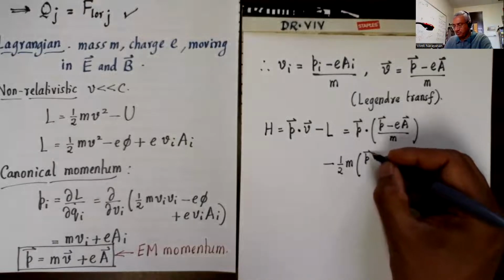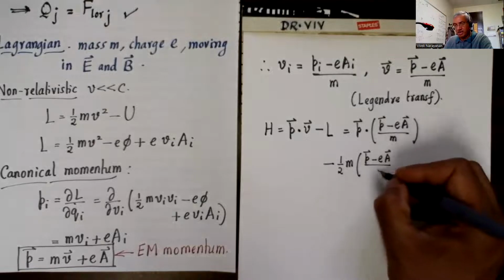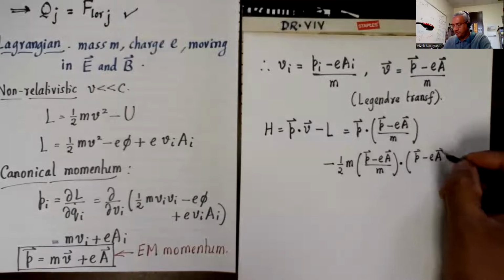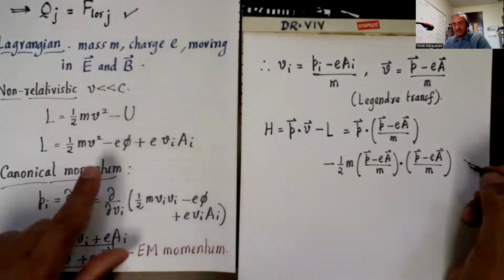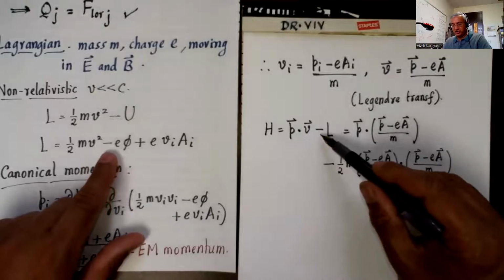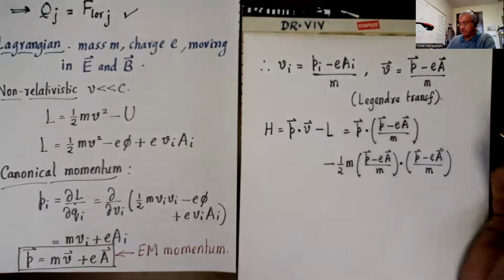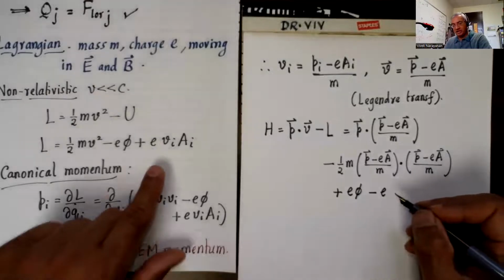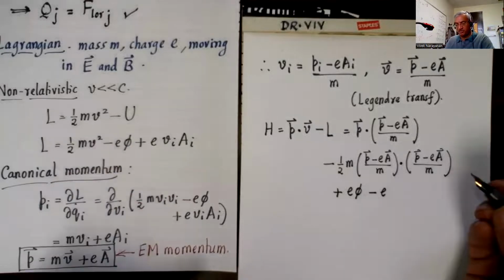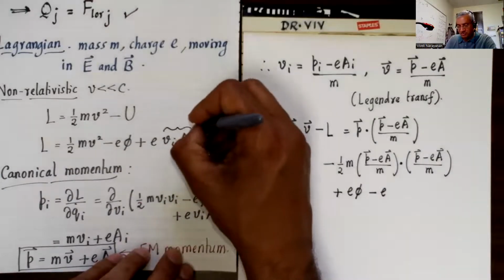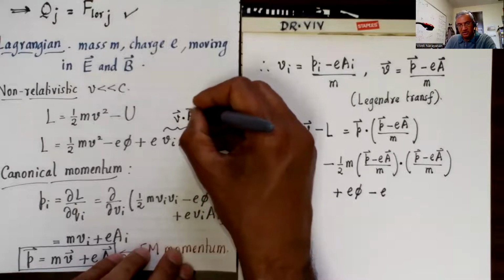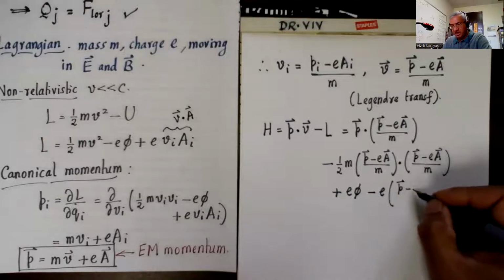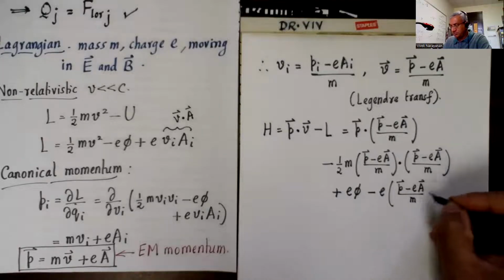So that's (p minus eA) over m dotted with (p minus eA) over m. And then because of the minus sign, this term becomes a plus sign and that term becomes a minus sign. And here again, I'll go back to writing this as v dot A. So this becomes e of (p minus eA) over m dot A.